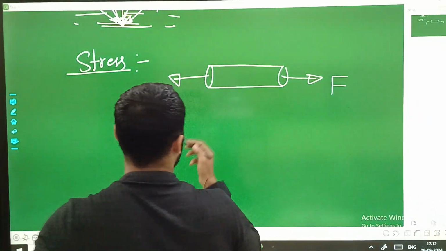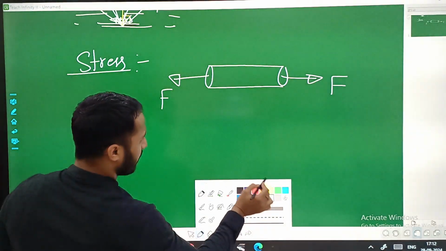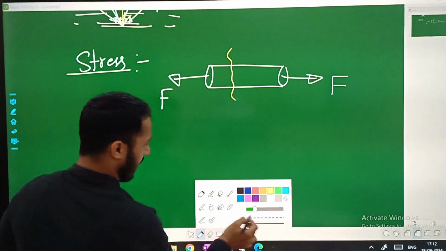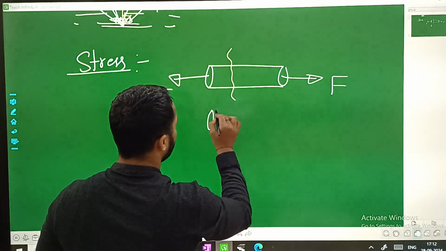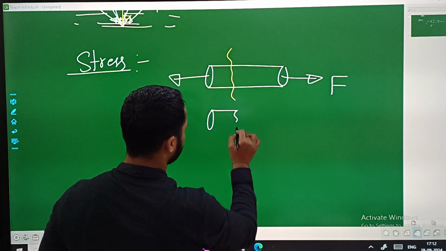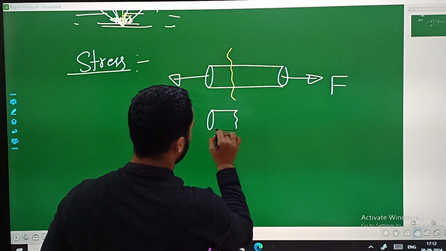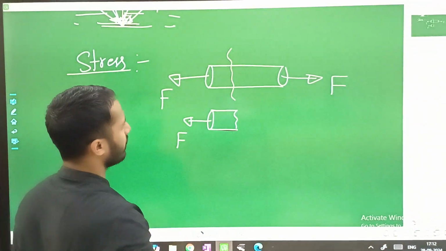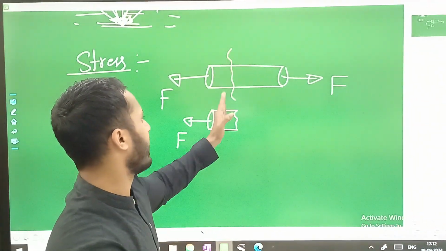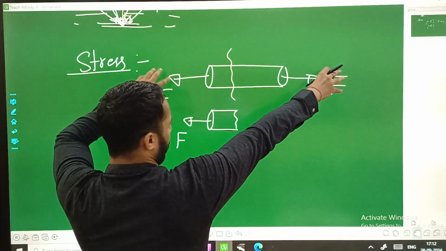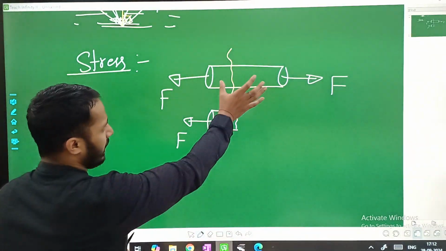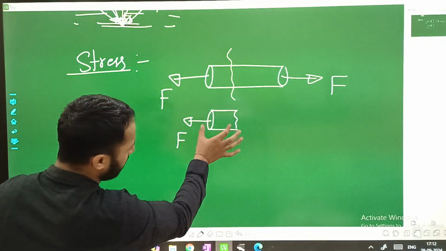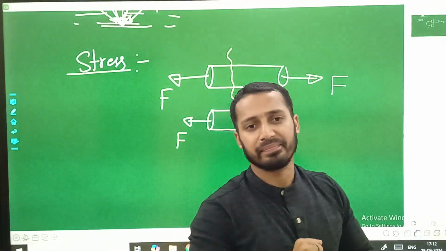Okay, so if I cut some part of this rod and now analyze it, you can see here one force is acting, F, but no force is acting here. This is the externally applied force. And if the whole rod is in equilibrium, this part must also be in equilibrium.